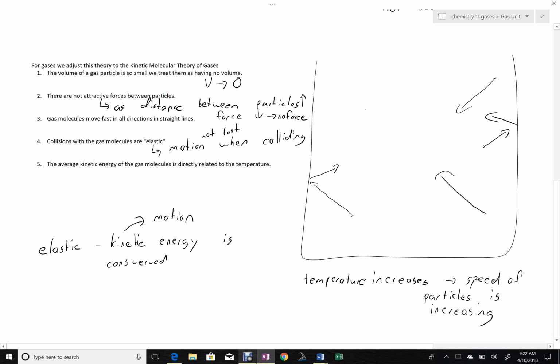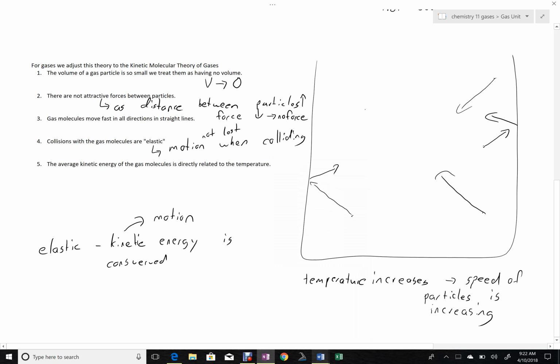So hotter, in terms of a temperature that we measure on a thermometer, what that really means is faster particles. Again, we need to be clear here, there's a lot more going on with temperature, and as a result, I'm going to save that for a separate video.